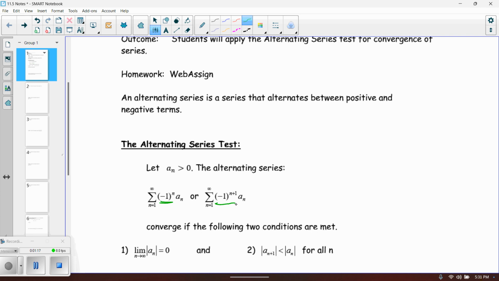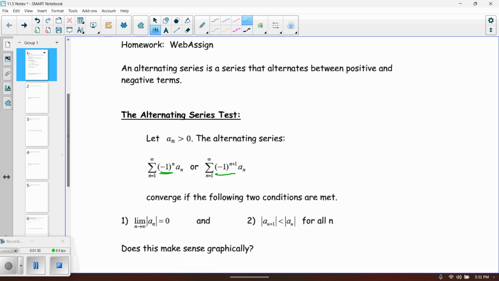It won't always be like that, but a large portion of the time, that's going to be the indicator that says, oh, okay, let's try the alternating series test. Obviously, if you're just given a list of terms and the terms flip back and forth between positive and negative, then you know alternating series. But again, if it's in its general form, the -1 to the n or the -1 to the n plus 1 or something similar to those is going to be the giveaway.